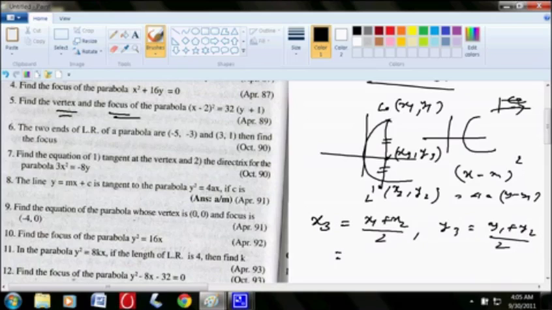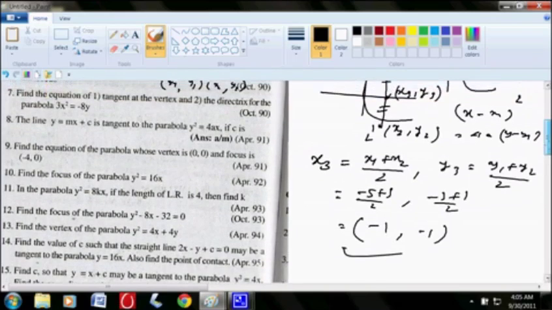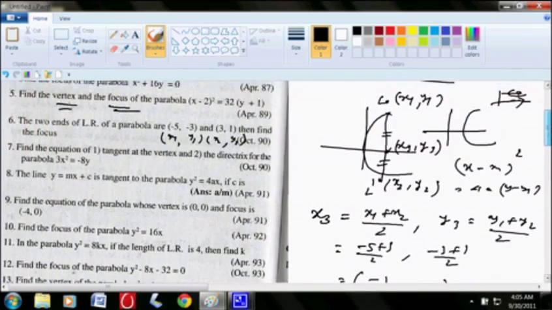So this is your x1, this is your y1, this is your x2, this is your y2. Now this is (minus 5 plus 3) by 2, and this is (minus 3 plus 1) by 2. You'll get this is minus 1, this is minus 1. This is the coordinate of the focus.